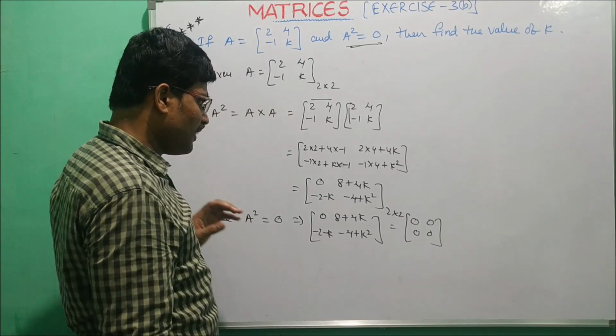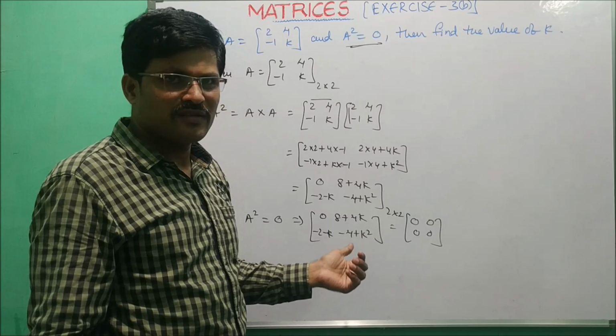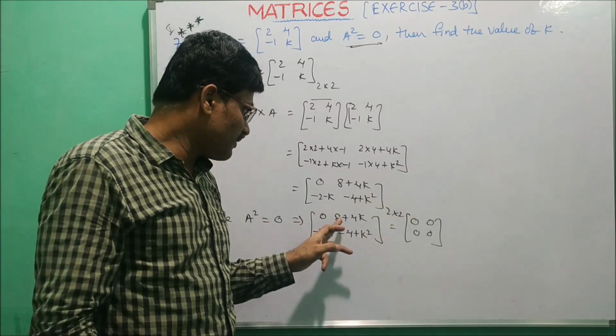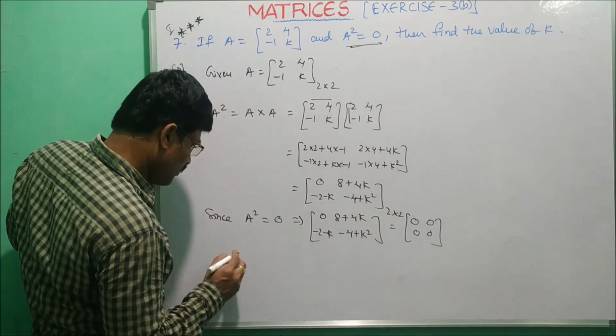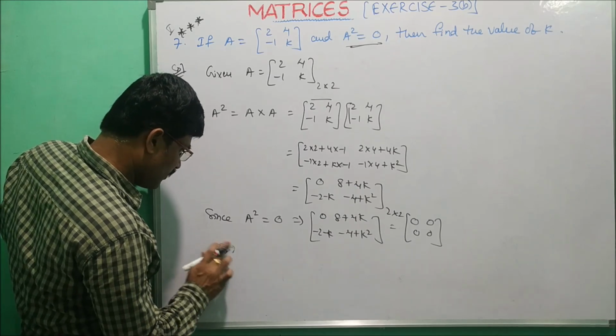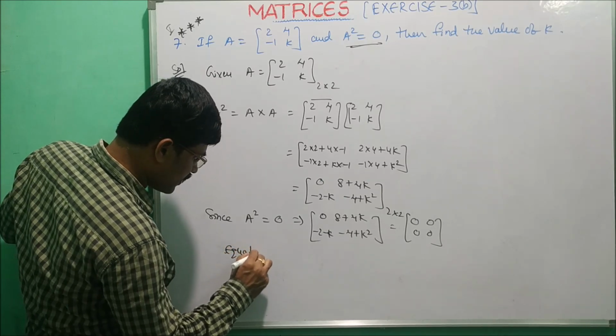Now clearly we take corresponding elements. Here the first element is 0, 0. We take the first row, second element, 8 plus 4k equals 0, equating corresponding elements.